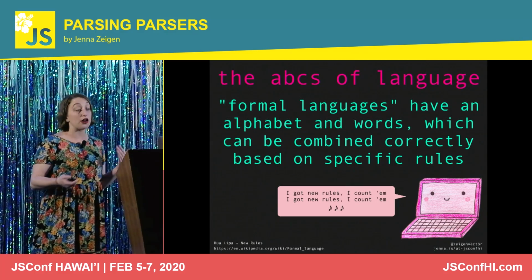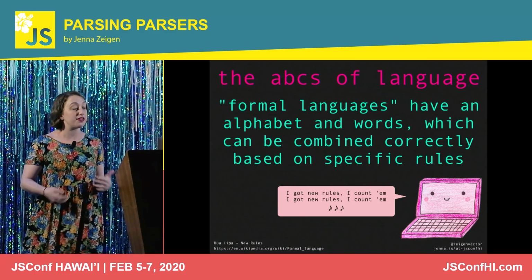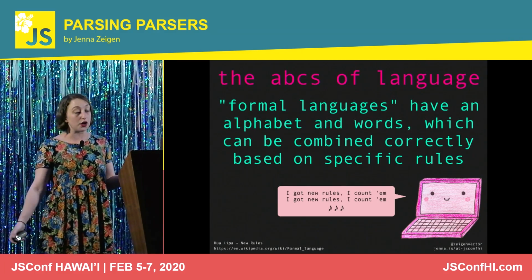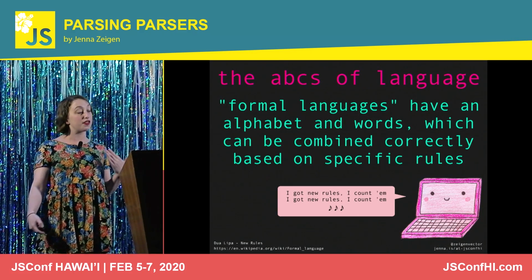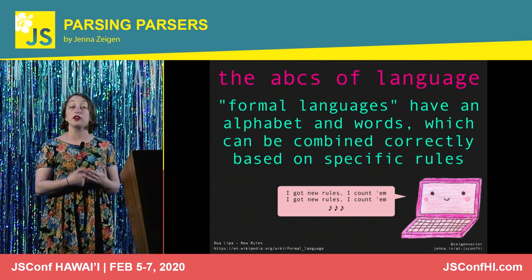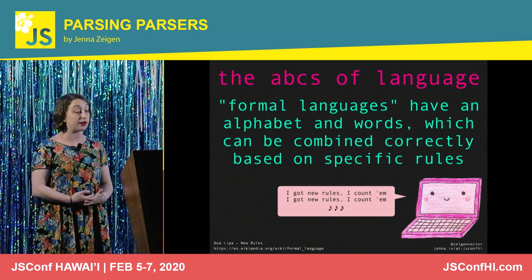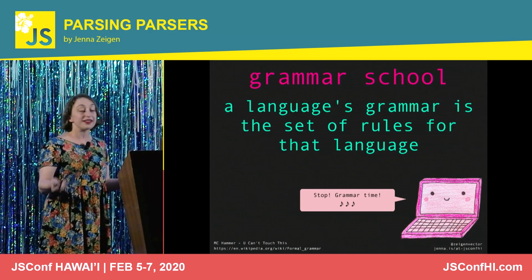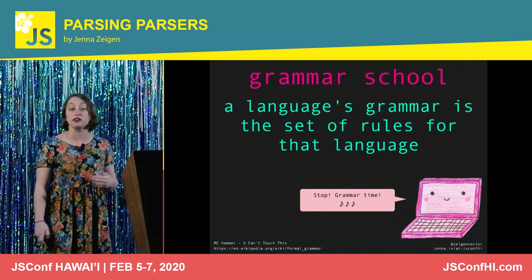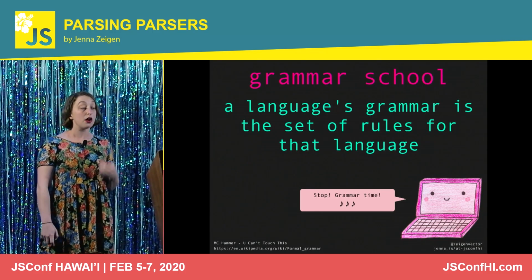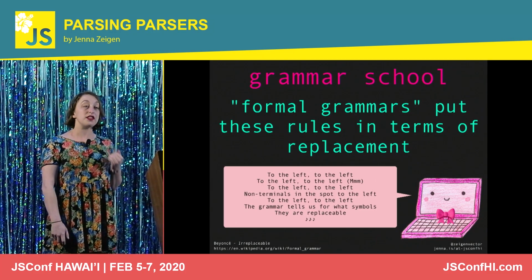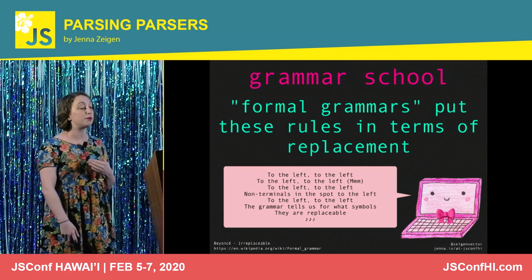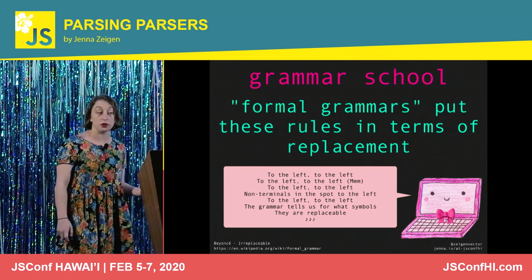Programming languages are formal languages, which means, too, that they have an alphabet like Unicode and a grammar, which we sometimes call the syntax, that tells us how to write our code, all the way down to the punctuation. So as I said, a language's grammar is the set of rules for that language. Formal grammars put these rules in terms of rules of replacement, which are called production rules.